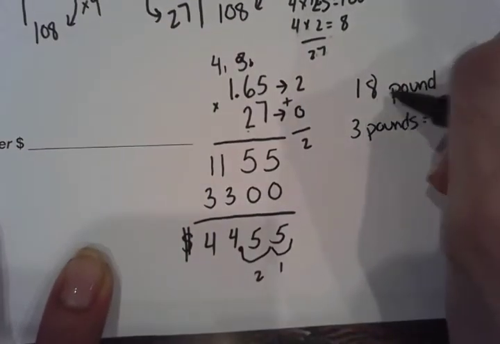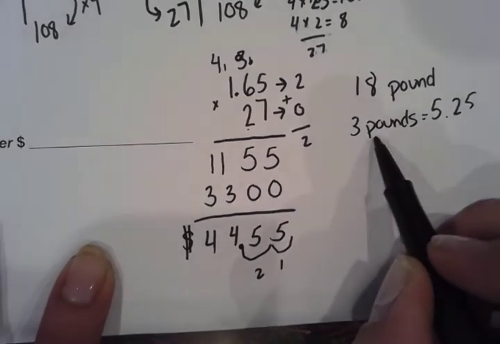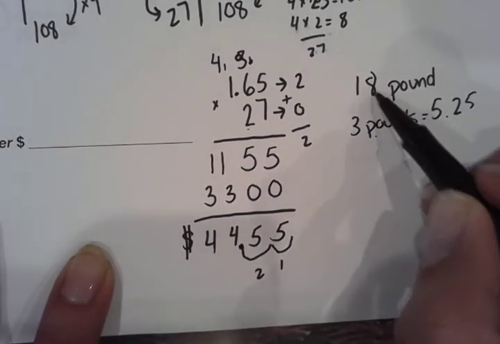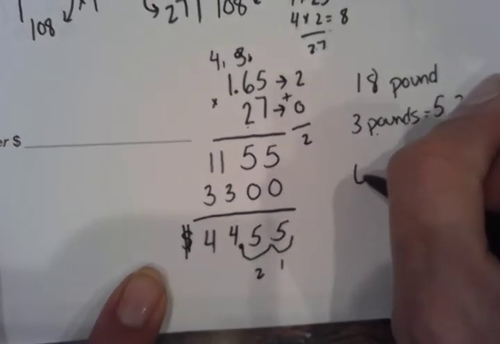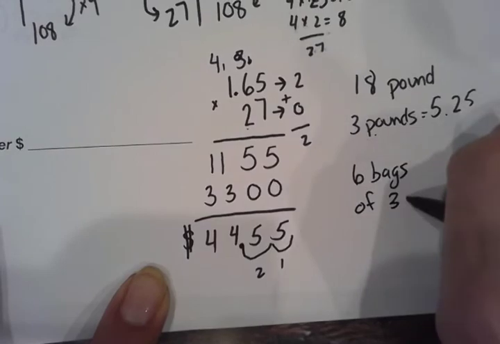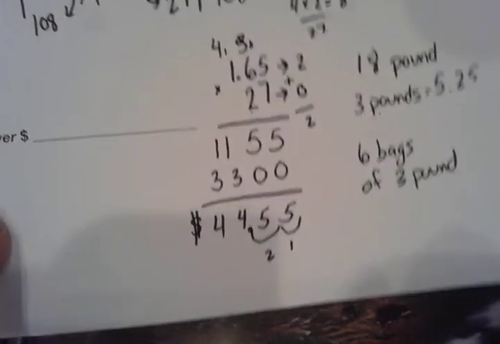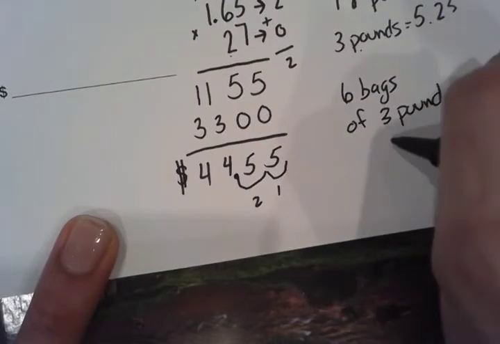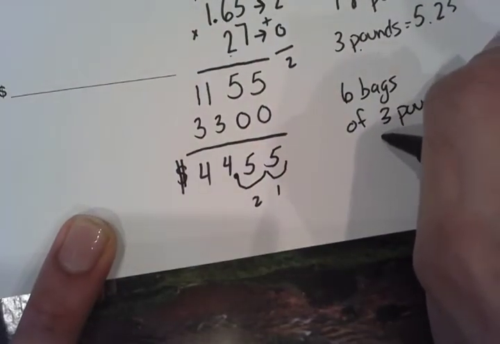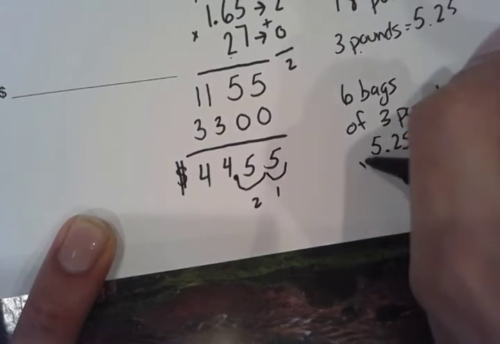So, how many bags did we buy if they sold them in bags of 3 pounds? 18 divided by 3. We know we bought 6 bags of 3-pound flour. So now we just need to do 5.25 times 6.